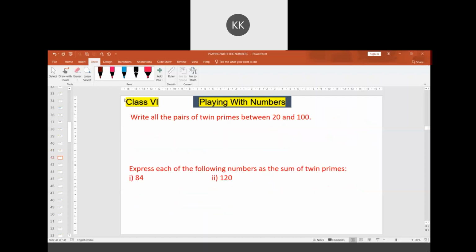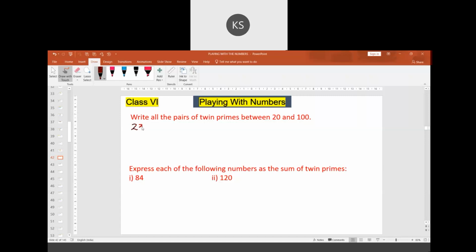Moving on further, here I have a question. Write all the pairs of twin primes between 20 and 100. It should be more than 20 and less than 100. Sir, I will write 23, 29 and 31.